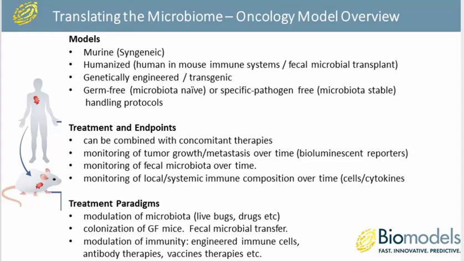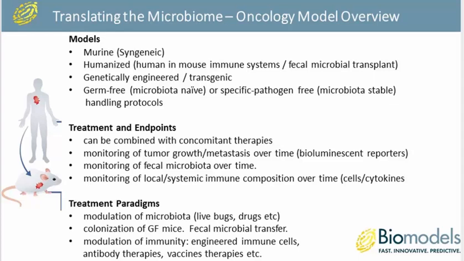If we want to go ahead and try to translate the microbiome, modulate it to improve efficacy, we can use some of our preclinical oncology models in the context of microbiome. Some of the treatment paradigms there would be modulation of the microbiota with live bugs or drugs that will impact their population.